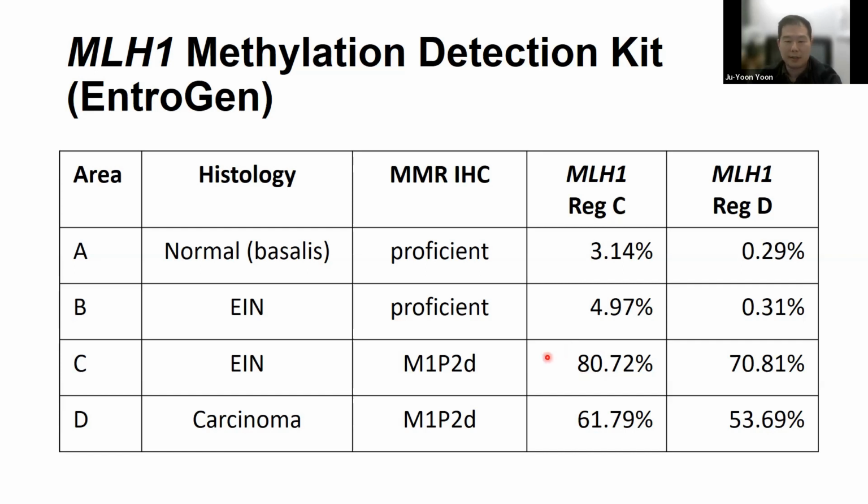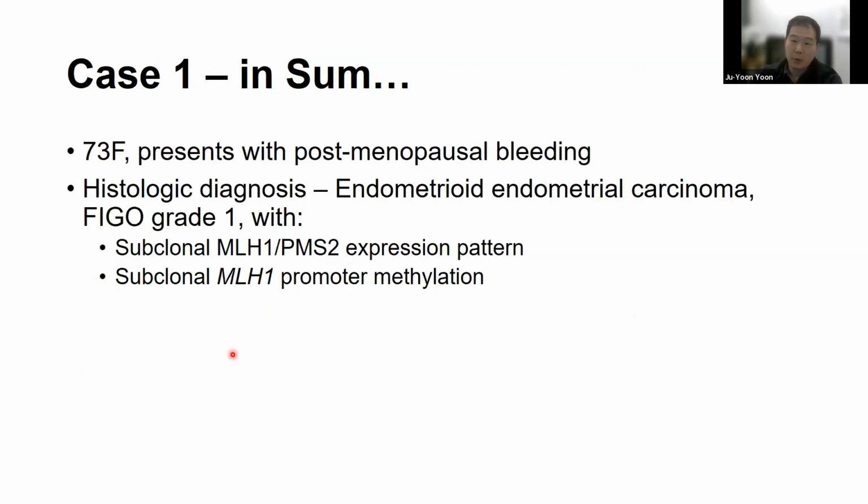So this is one case where you see a discordant result, at least in the precursor. An interesting case: endometrial carcinoma, FIGO grade 1, with a subclonal MLH1 PMS2 expression pattern, at least in some of the areas with EIN, and subclonal MLH1 promoter methylation. So before I get to the next case, any questions, comments?